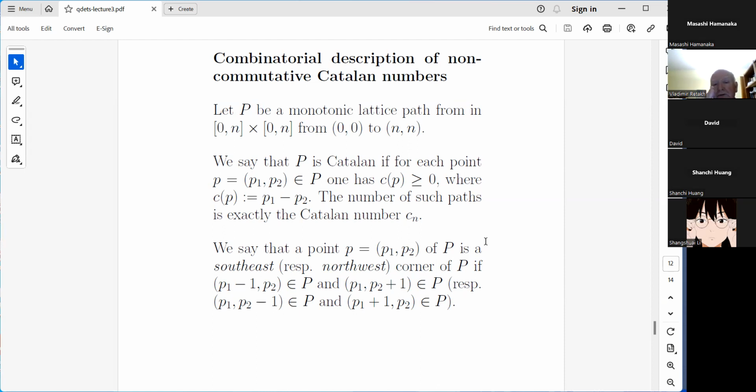At each turn, you have an angle, and I will classify those angles: southeast corners, when I go horizontally and then up, and northwest corners, when you go up and then horizontally to the right. Formally, what is written explains this situation.